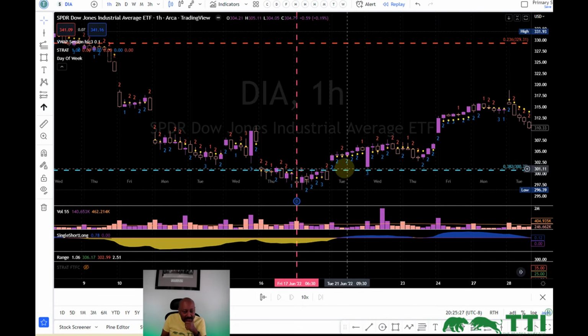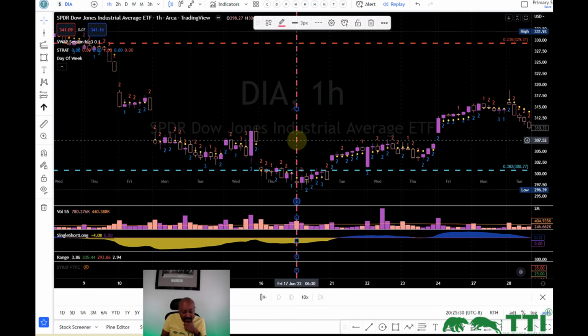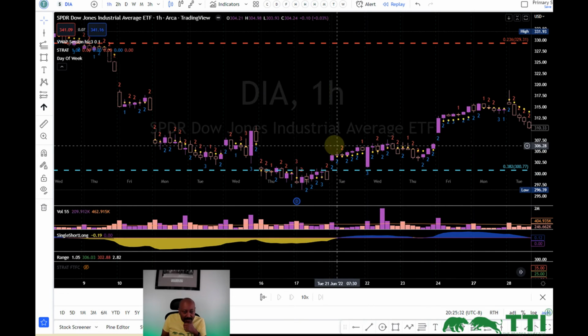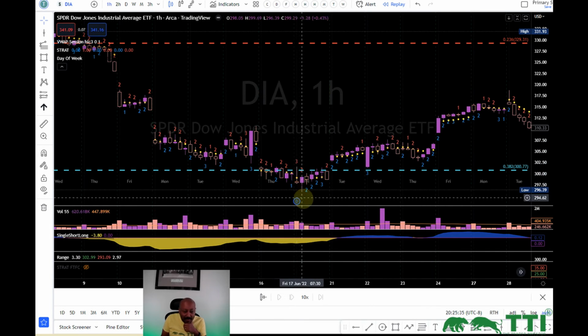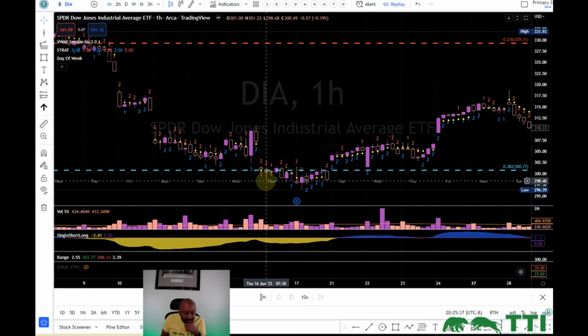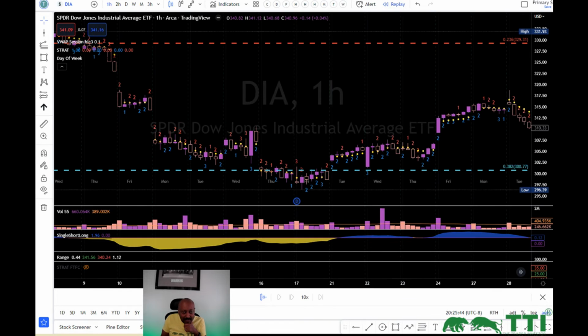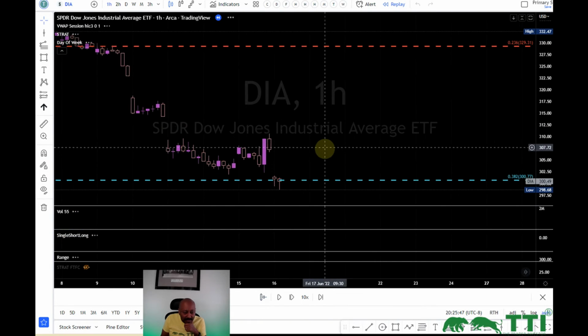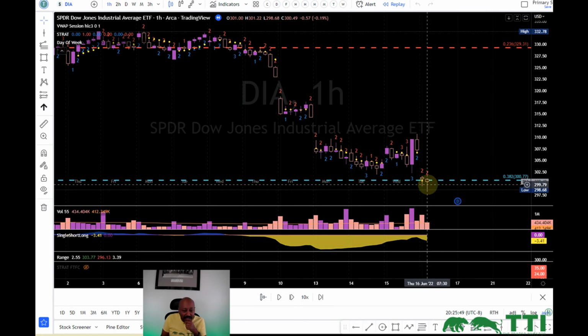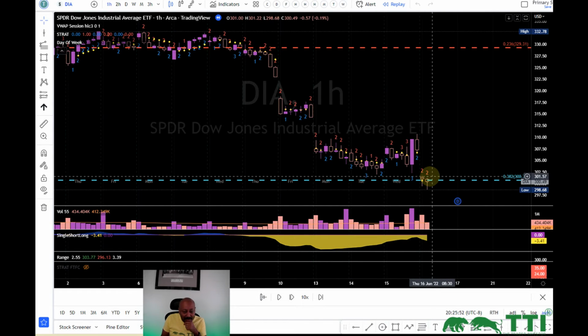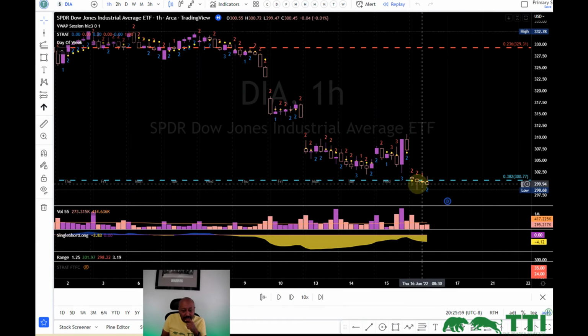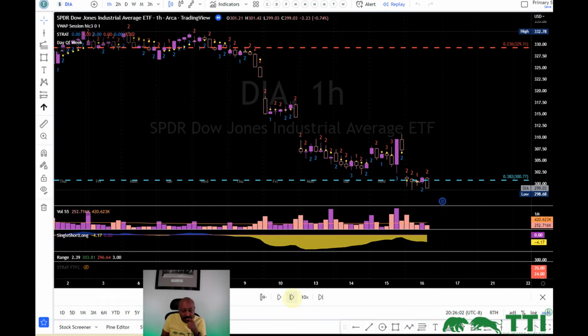It consolidates, right? I don't see any hammer. I see an inverted hammer, but I want to see a hammer. See how you see this hammer here? If we were like this, and I see this hammer, I'll say, okay, if I break above here, I will enter, but that break doesn't happen. Price keeps going down, so it doesn't happen.